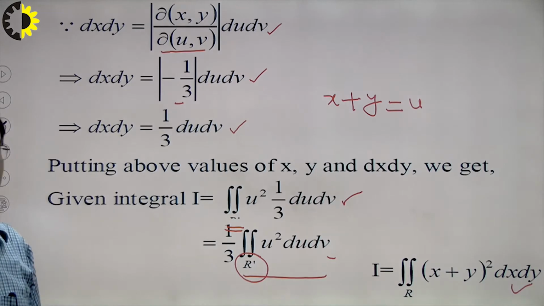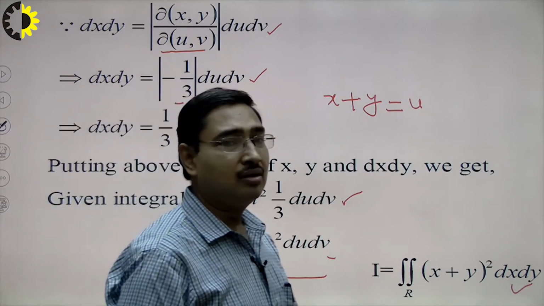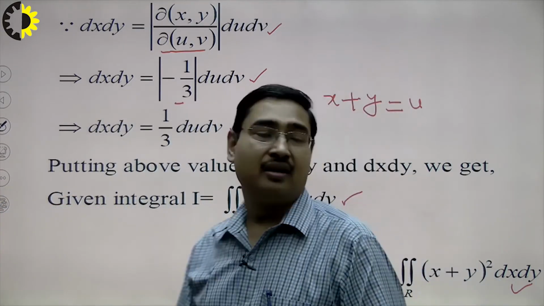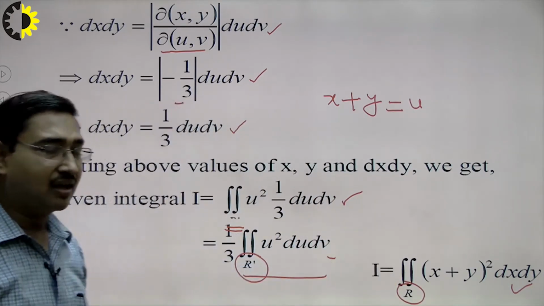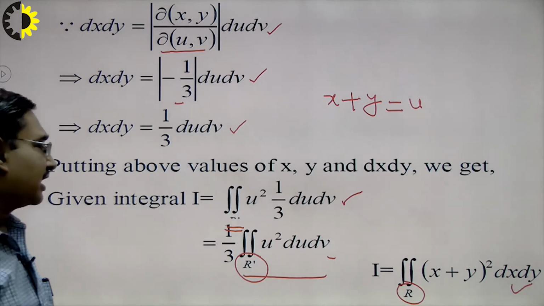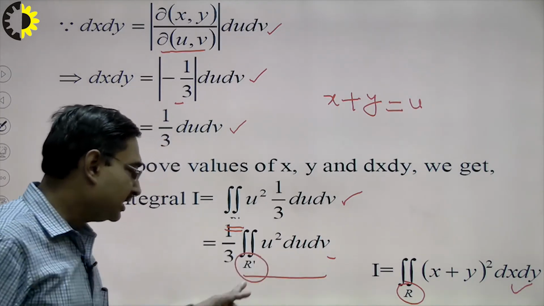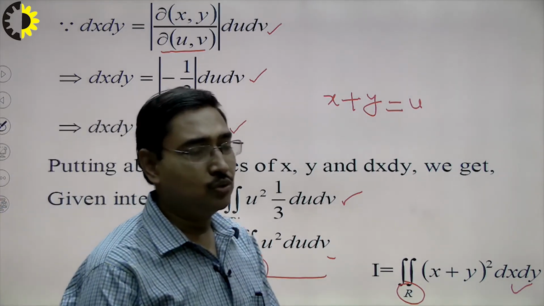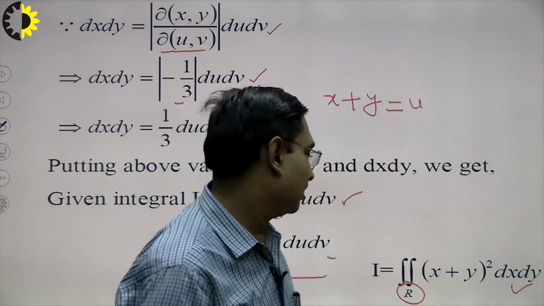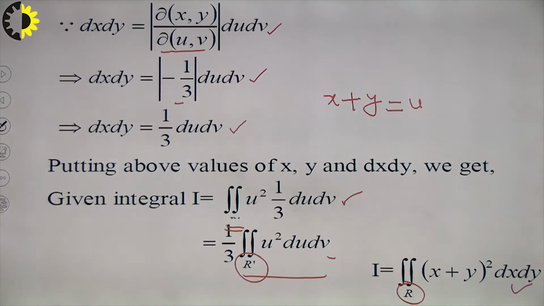This region R dash will be drawn using the original region given here, this R. With the help of this region R and using its boundaries, we shall calculate the boundaries for this new region R dash, and those boundaries will then be used to draw the region, and then we will find limits of u and v.